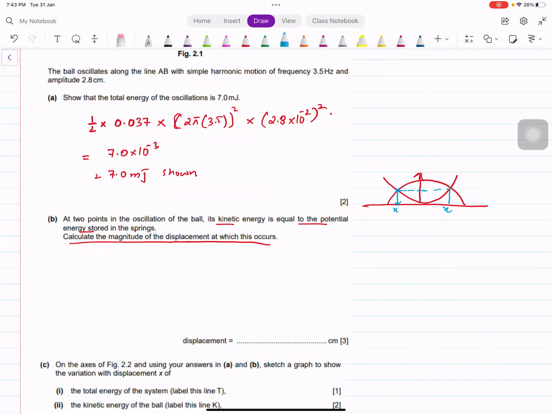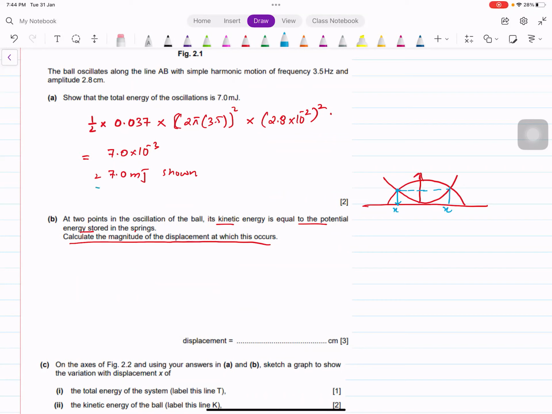Yes, of course, they crisscross. And we want to find that. Okay. So now think about it. How would we do this? The thing is that there are 2 points, and we want to find that displacement.